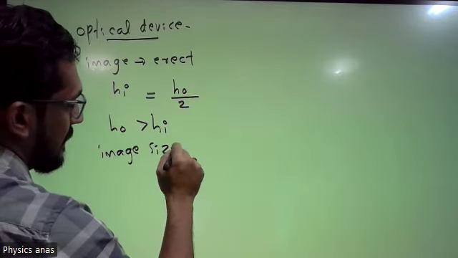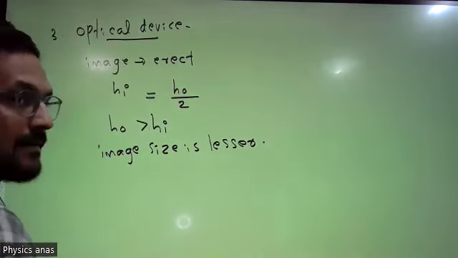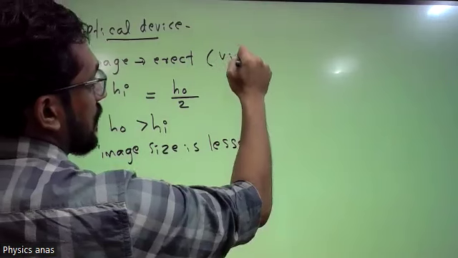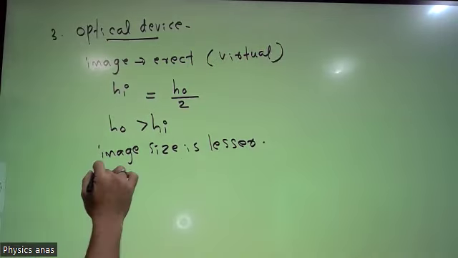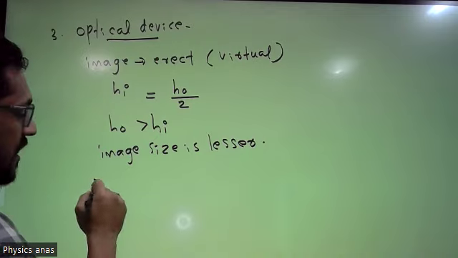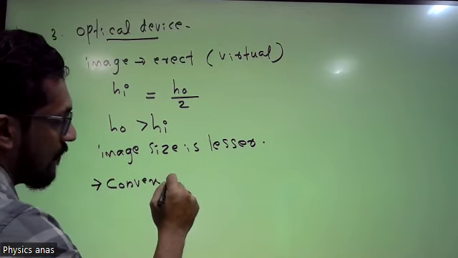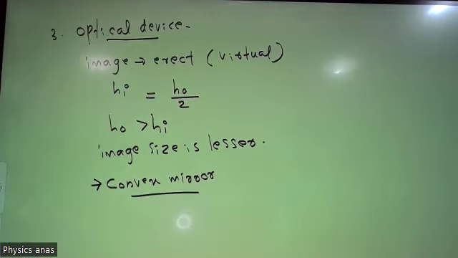Erect means it is a virtual image. So this device produces a virtual image, and the size is lesser. Then that optical device will be a convex mirror.